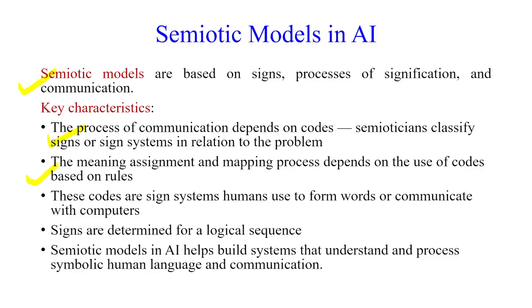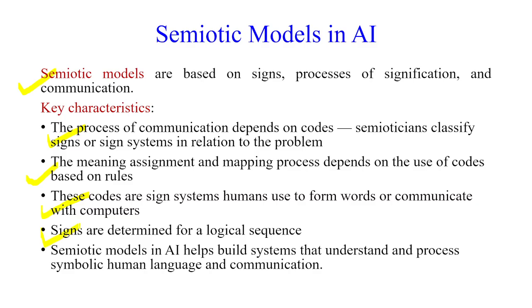So this gives meaning to the letters. These codes are sign systems that humans use to form words or to communicate with computers. When you type a command, for example, in the computer, you are using a sign system that the computer understands.